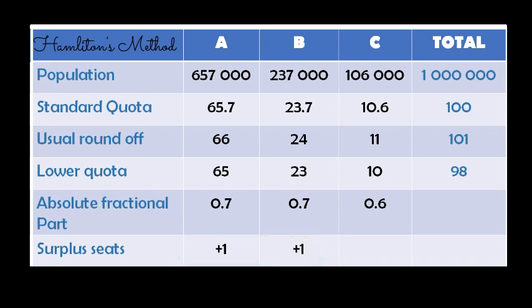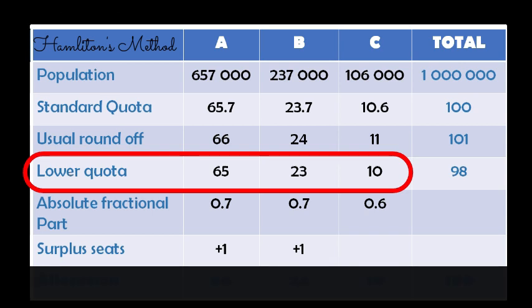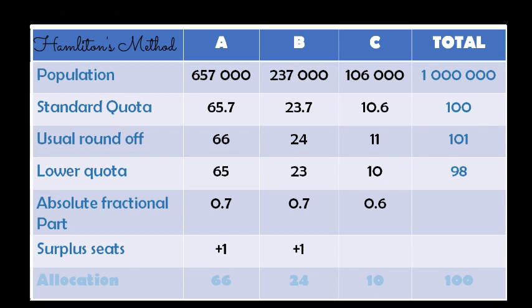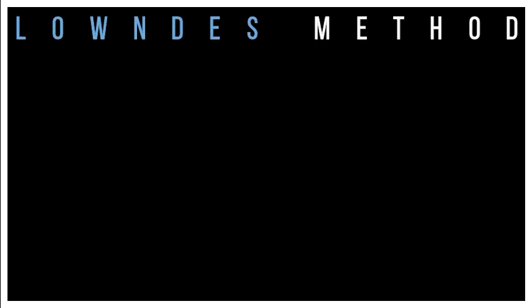Basing from the lower quota row, 65 becomes 66, 23 becomes 24, and 10 remains as 10, giving us a total of 100 seats.